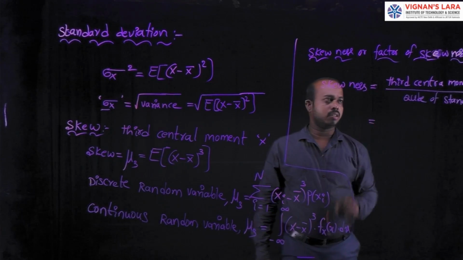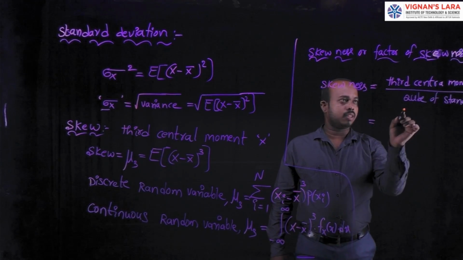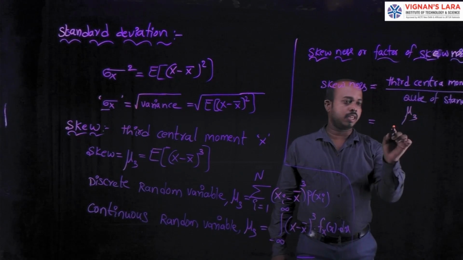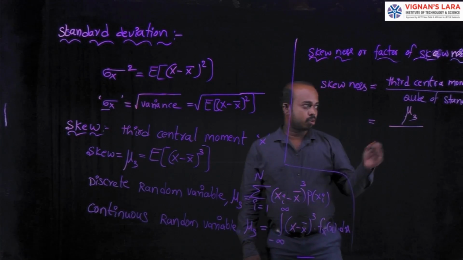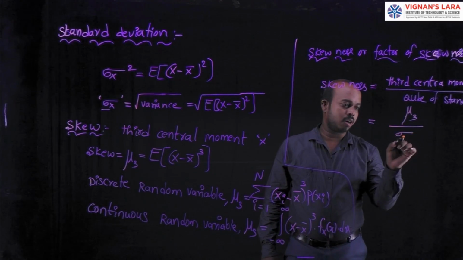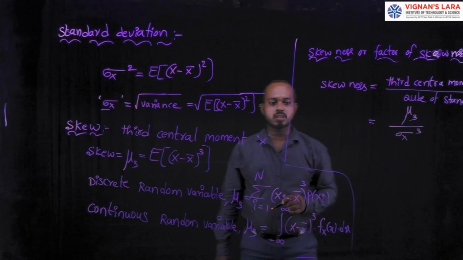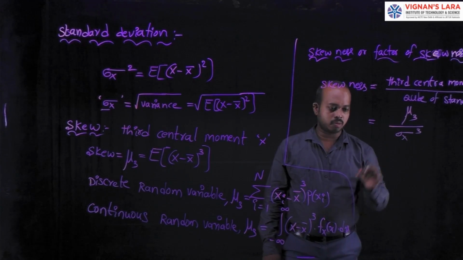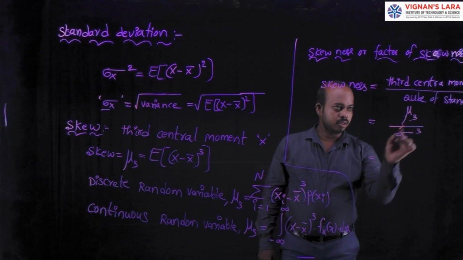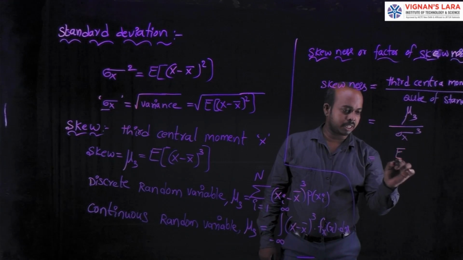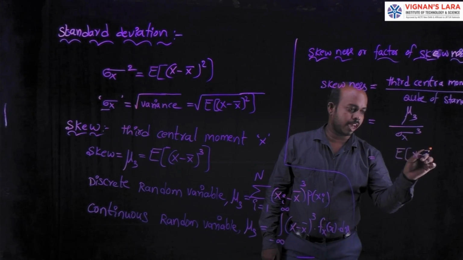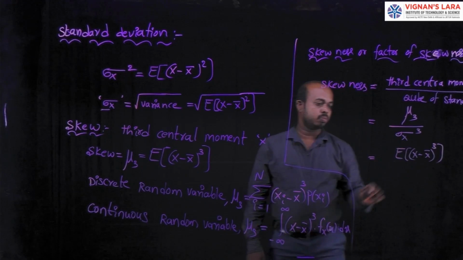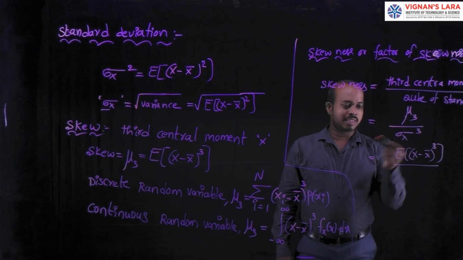Now I am writing the notations of these terms. The third central moment we represent with mu suffix 3, divided by the cube of standard deviation, which is sigma x whole cube. These two quantities we can represent in terms of expected value. The third central moment is the expectation of x minus x bar whole cube, divided by the standard deviation.